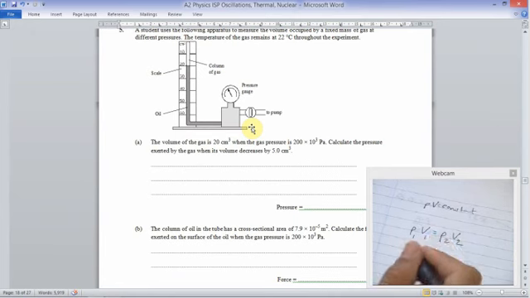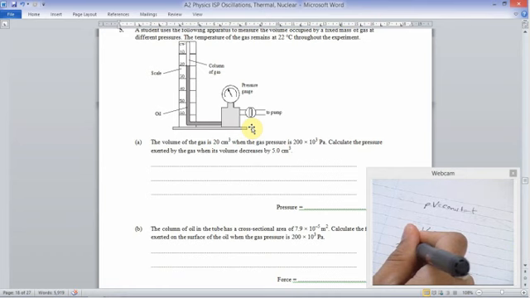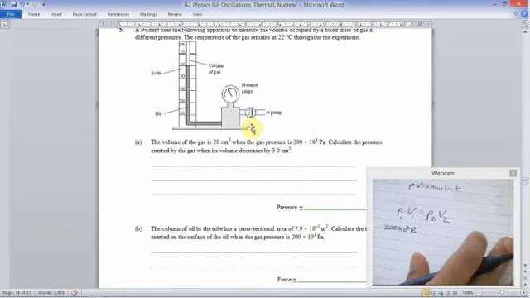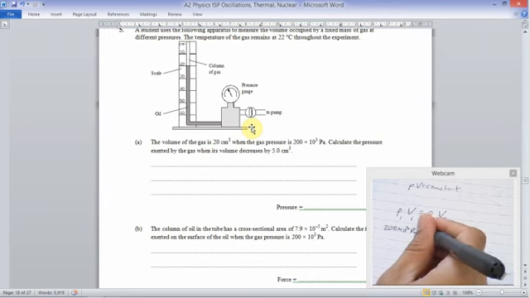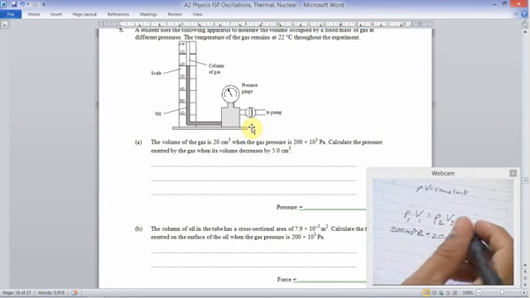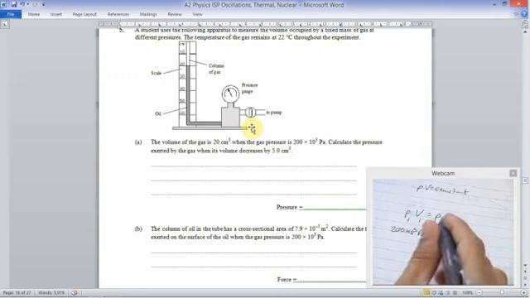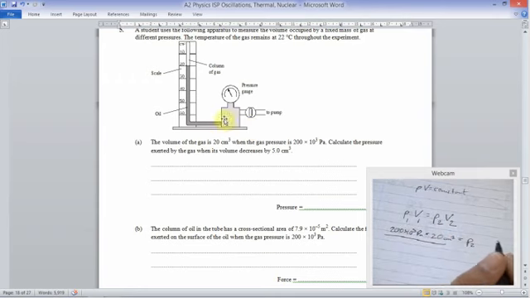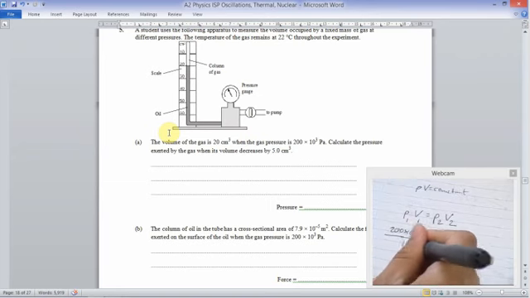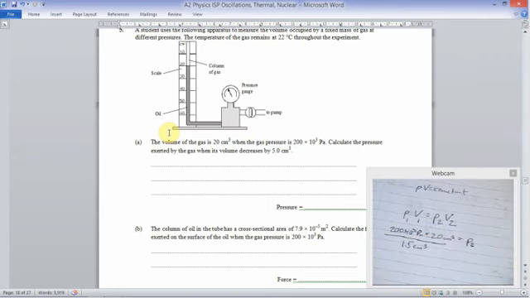So our numbers are going to be 200 times 10 to the 3 pascals times 20 centimeters cubed is equal to pressure 2, and then we know volume 2, but it's been multiplied here, we might as well divide it over here, so that's going to be 15 centimeters cubed.